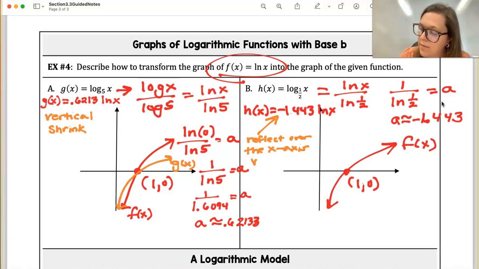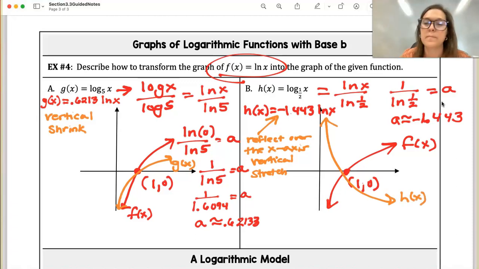And we have a vertical stretch. Okay, so it's going to look maybe something like this. H of x. Okay, I don't know. Those are really rough sketches, but we'll go with it.